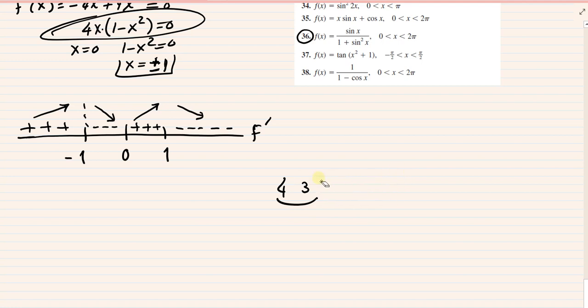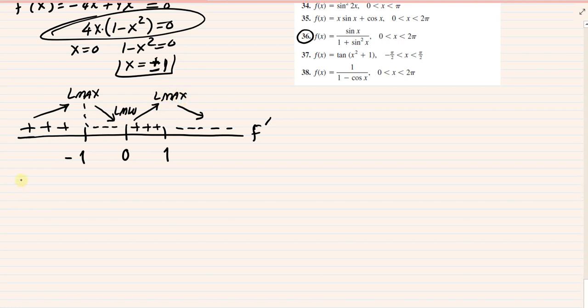Now that I have that all cleaned up, the place where there's a transition from positive to negative is going to be a local max. Here there's going to be a local min, a transition from negative to positive, and again positive to negative is a local max in this one.